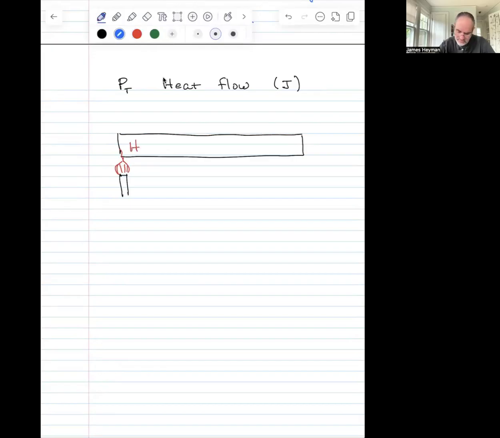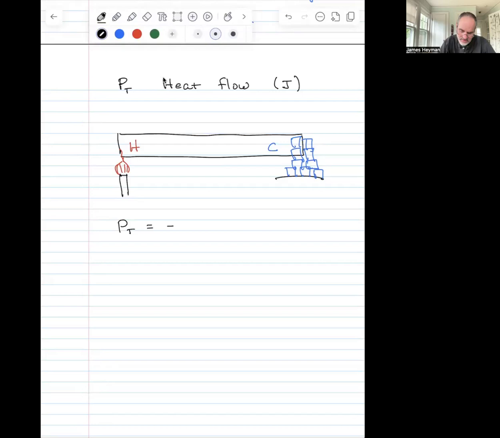And we arrange to cool the other end, perhaps by putting it in contact with some ice cubes. So that end is cold. All right.